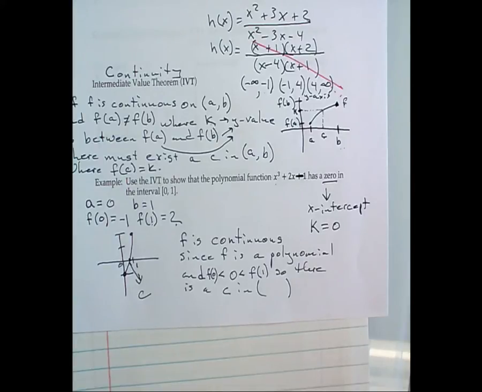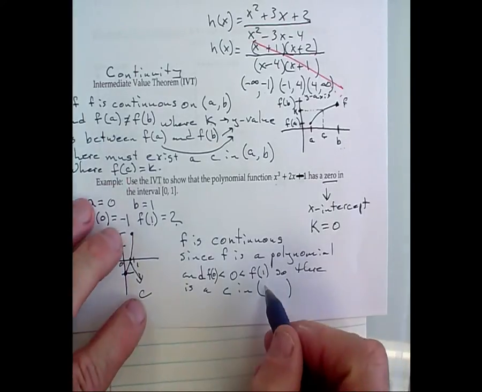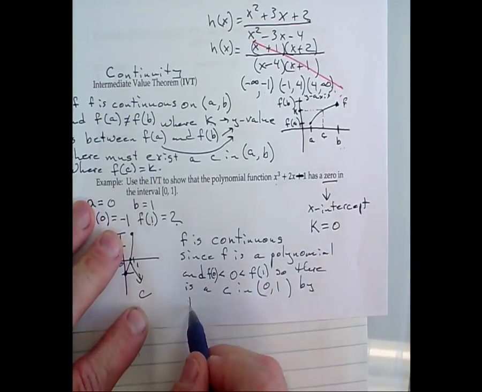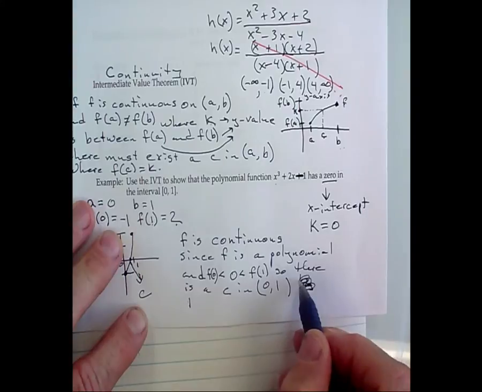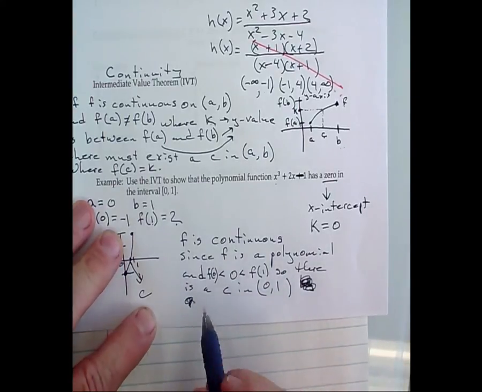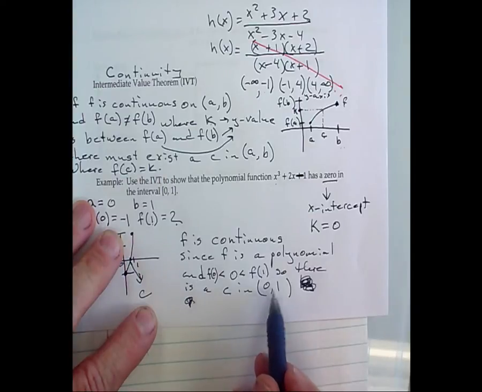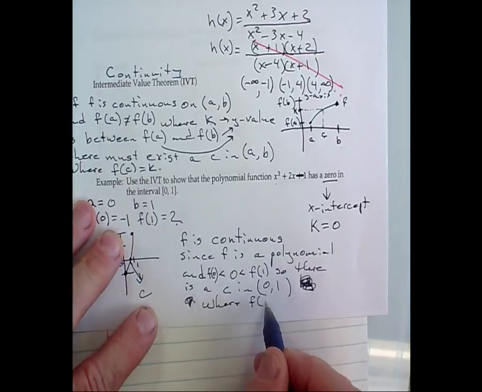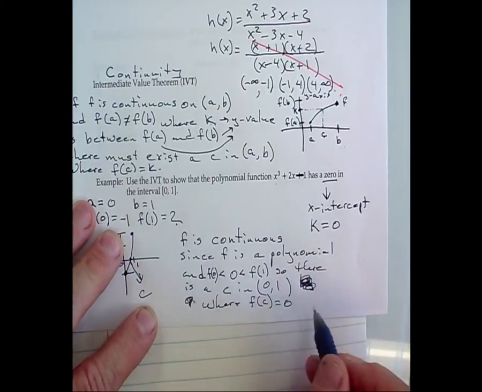Between A and B? In 0 to 1. Cross it out. So there is a C in 0 to 1 where f of c equals 0 by IVT.